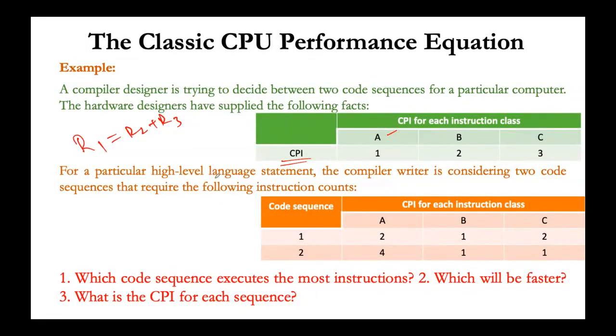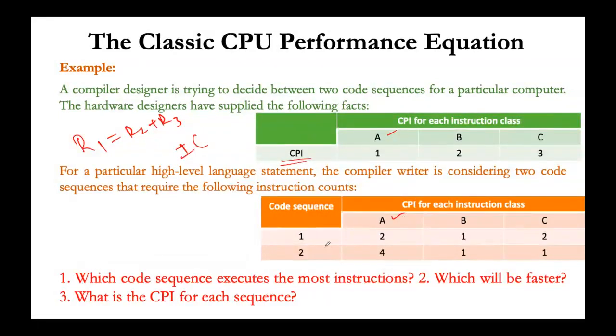For a particular high-level language statement, the compiler writer is considering two code sequences that require the following instruction counts. We know the CPI is given, so we need to find the instruction count for code 1 and code 2.